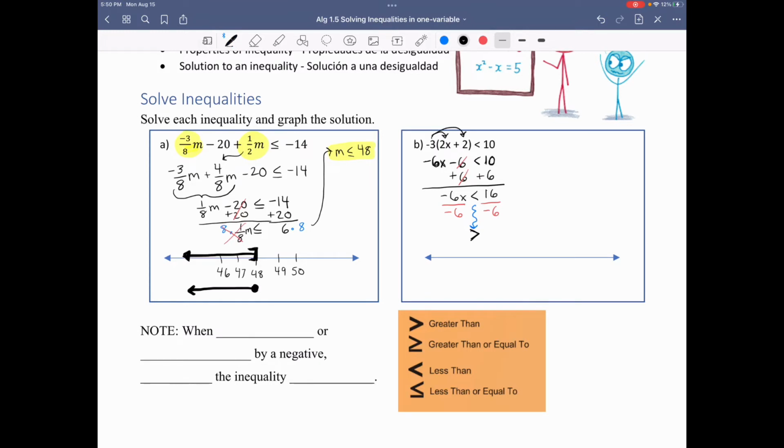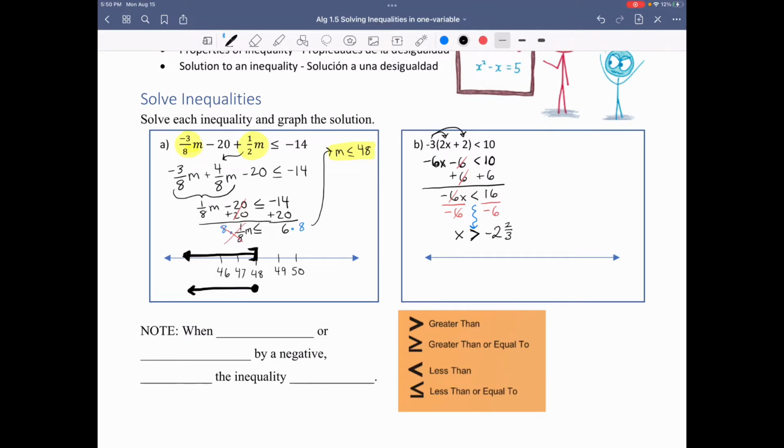Just something to remember. The negative 6 and the 6 cancel, leaving us with x. And 16 divided by 6. Let's see, 6 goes into 16 twice, so negative 2, with 4 remaining, so 4 over 6, which is 2/3.